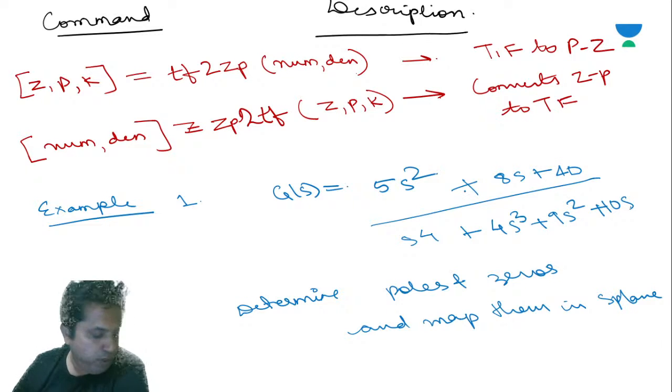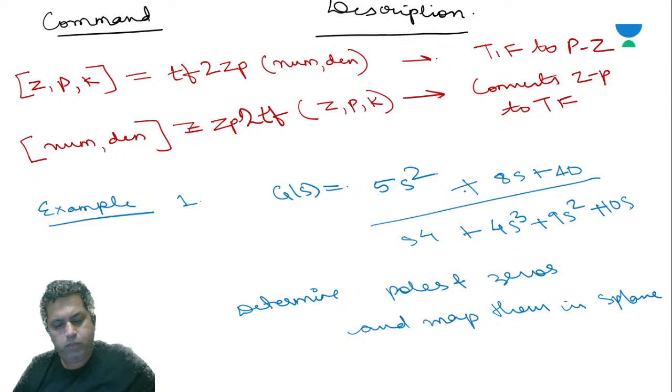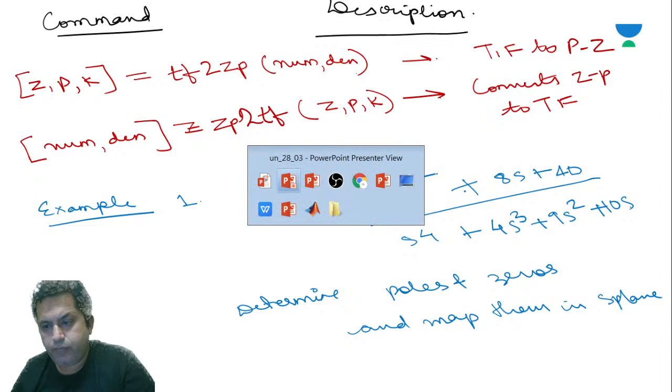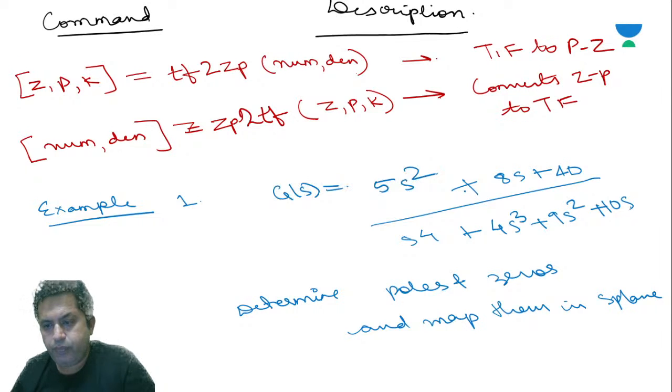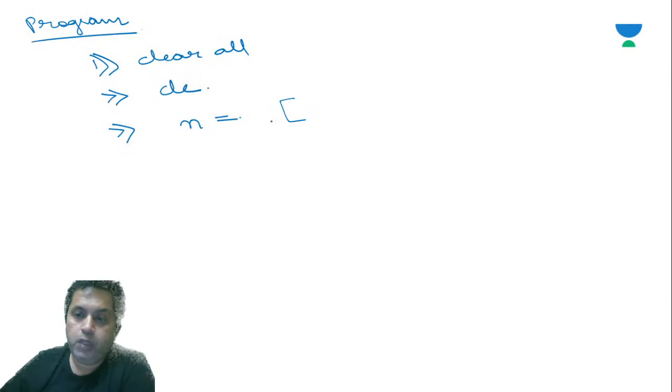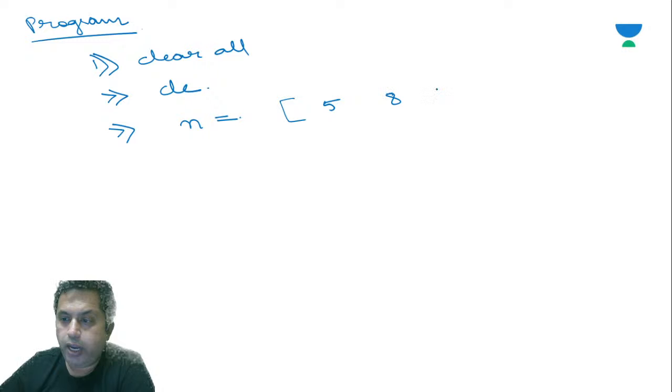So the coefficient of s square is 5, coefficient of s is 8, and the constant coefficient is 40.